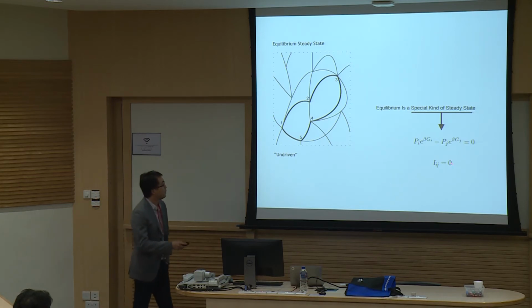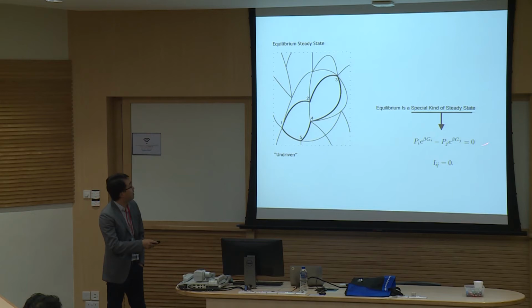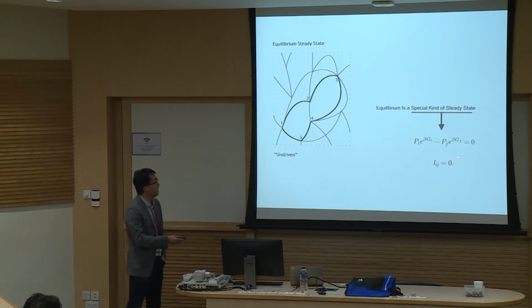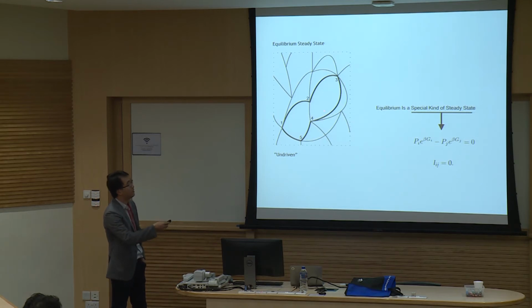And the probability between any two states, even very far removed in state space, is given by the Boltzmann distribution. So if you know the free energy difference between these two states, you would know their relative probabilities. And of course, there's no net current anywhere.